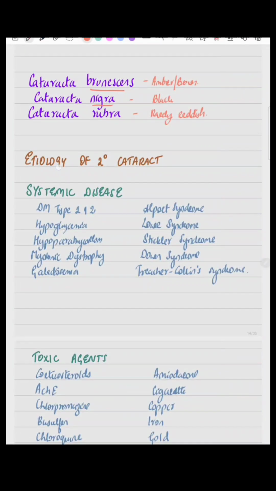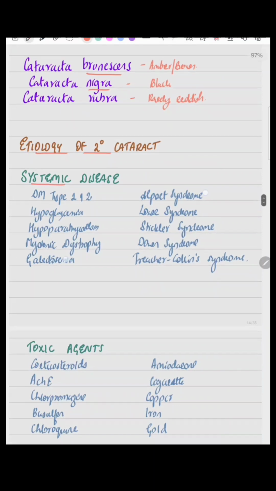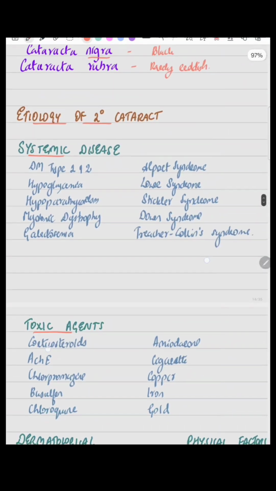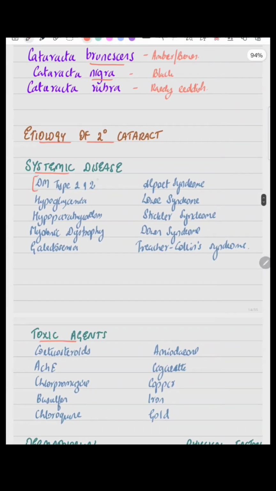Now coming to etiology of secondary cataract, there are numerous causes which can be divided into systemic diseases, toxic agents, dermatological causes and physical factors. Systemic diseases include, most commonly, diabetes mellitus type 1 and 2. Other causes are hypoglycemia, hypoparathyroidism, myotonic dystrophy, galactosemia, and syndromes like Alport, Lowe, Stickler, Down and Treacher-Collins.